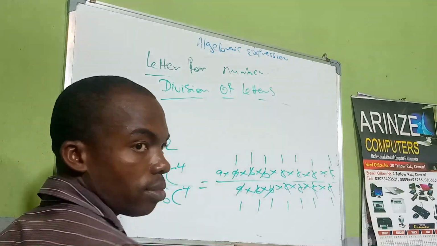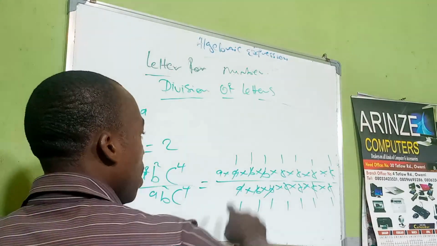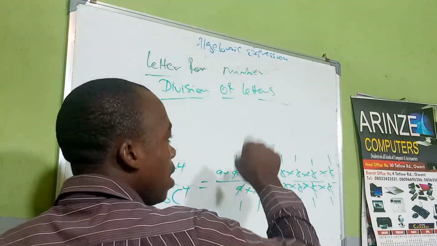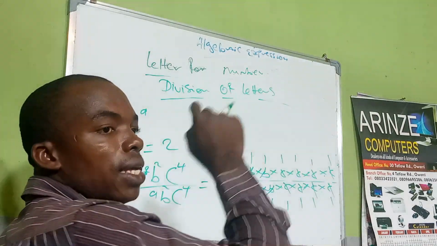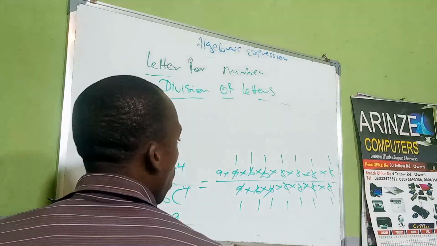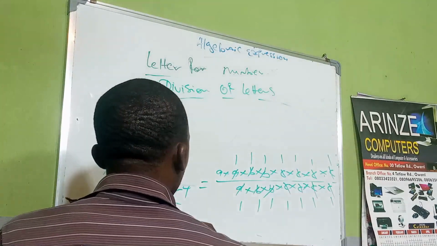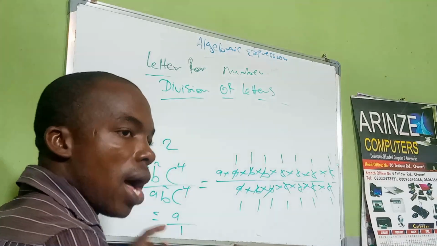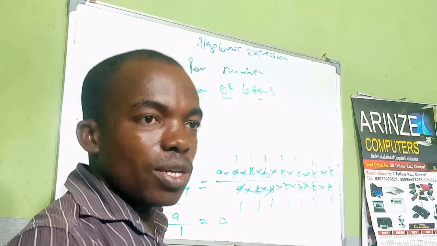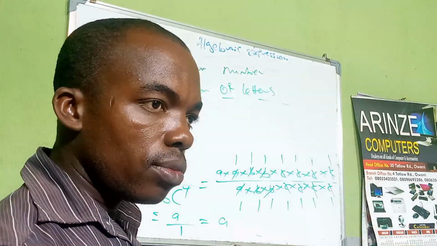What now is left? We now have A times 1, A times 1, A times 1, A times 1, A times 1. So everything here will give us A, all over 1 times 1 times 1 times 1 times 1, which is 1. Then A divided by 1 is equal to A, because anything divided by 1 gives that thing.